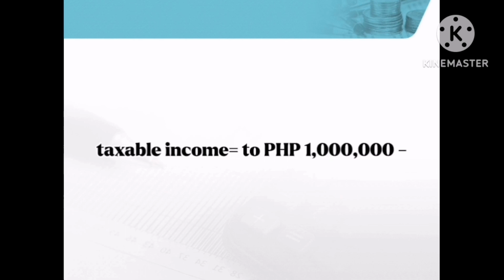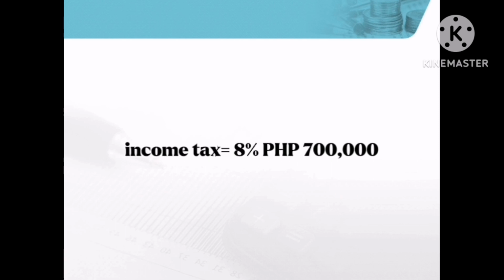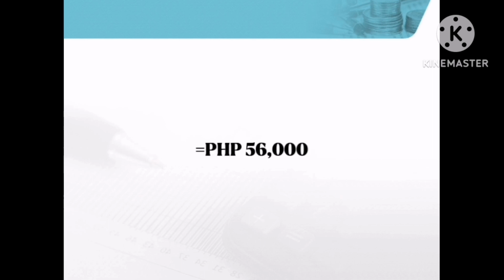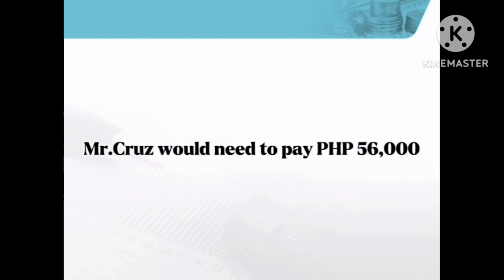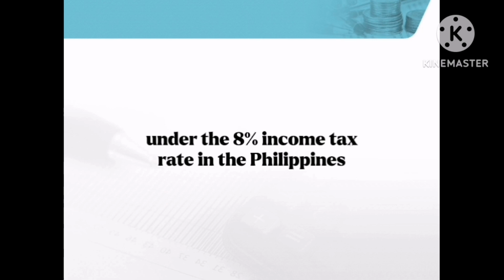So taxable income equals to 1 million less or minus 300,000 pesos is equal to 700,000 pesos. So income tax is equal to 8% of 700,000 pesos is equal to 56,000 pesos. So Mr. Cruz would need to pay 56,000 pesos as income tax for a taxable year under the 8% income tax rate in the Philippines.